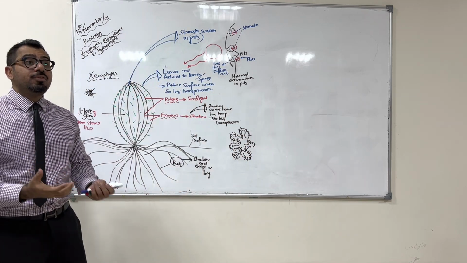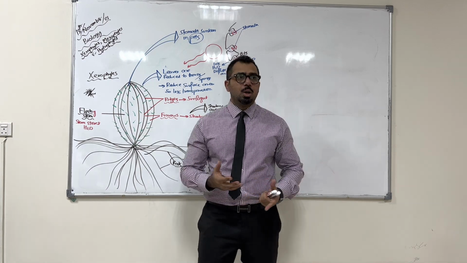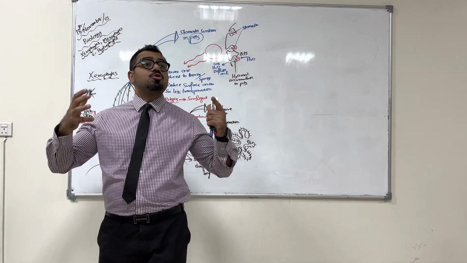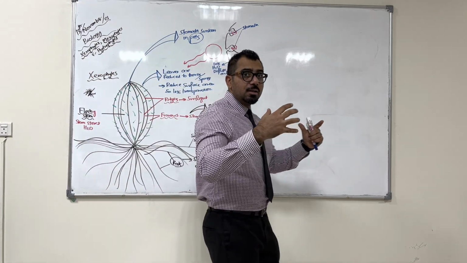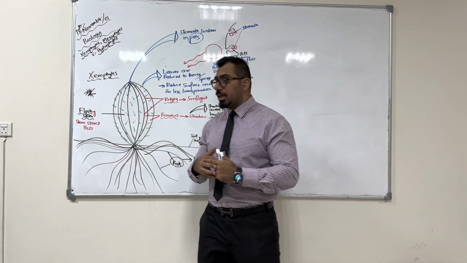Now, what is the benefit of having these hairy structures or hair-like growths on the surface of the plant? They help in trapping the moisture. They help in trapping the water from the air.